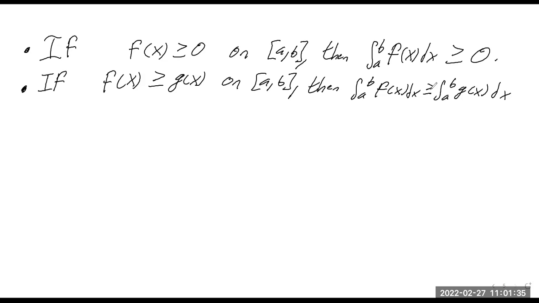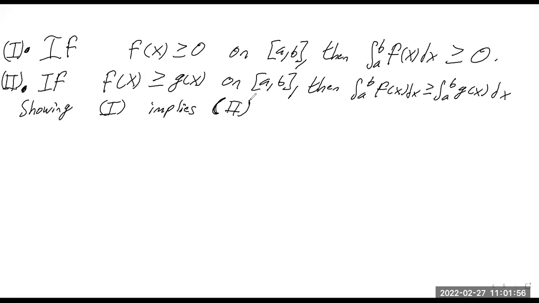Now, I said that you can show the second property, property 2, from property 1. Well, let's show that. So we're going to show that 1 implies 2.